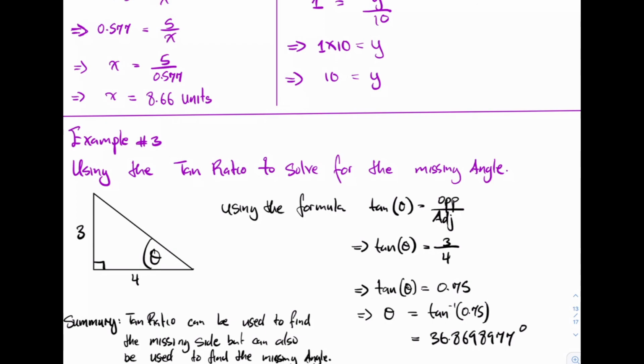The important difference here between the Pythagorean law and the trigonometric ratios is that the angle must be involved in the equation. Once the angle is involved in the equation, then we use our trigonometric ratios.